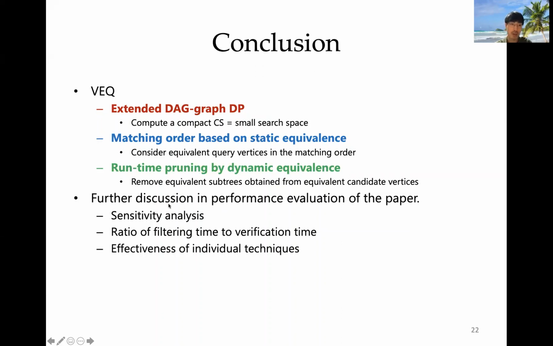Further discussion, like sensitivity analysis or effectiveness of individual techniques, is described in the performance evaluation of the paper. So please refer to our paper for more details, and thank you for listening.